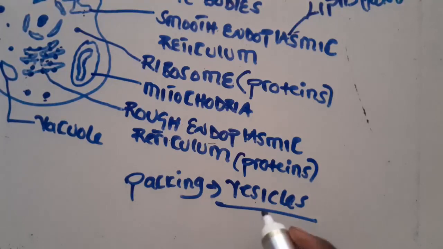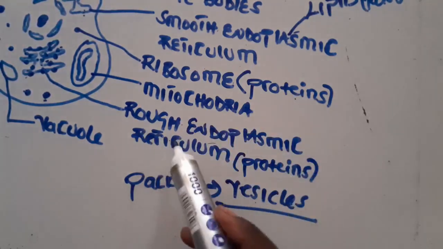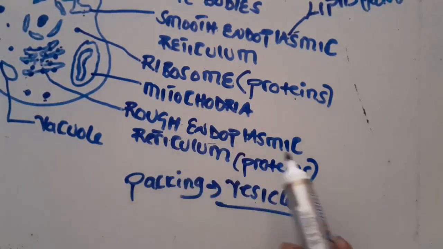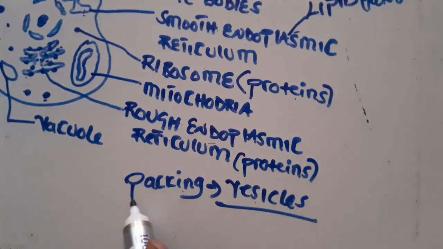The function of these vesicles is that they act as transport. They transport materials from one cell to another. So the proteins produced by the ribosomes are packed by the rough endoplasmic reticulum into vesicles, and these vesicles transport the proteins to another cell.